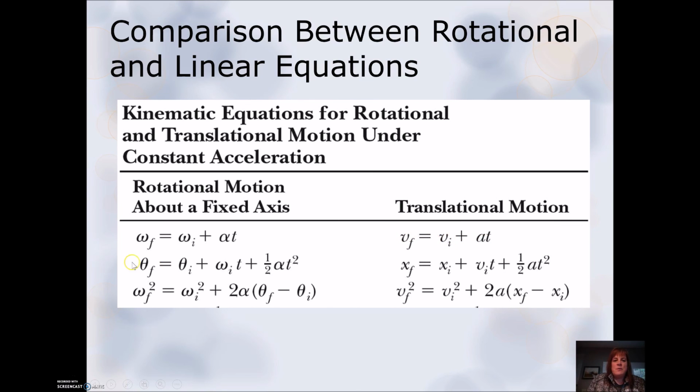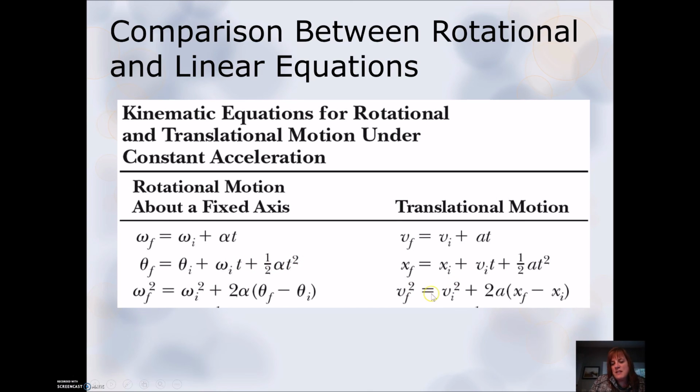Instead of the v's, we put in our omegas. Final angular velocity is equal to the initial angular velocity plus the angular acceleration times time. And my least favorite equation, final position equals initial position plus initial velocity times time plus 1/2 at squared, is now the final angular position is equal to the initial angular position in radians plus angular velocity times time, plus 1/2 angular acceleration times time squared.